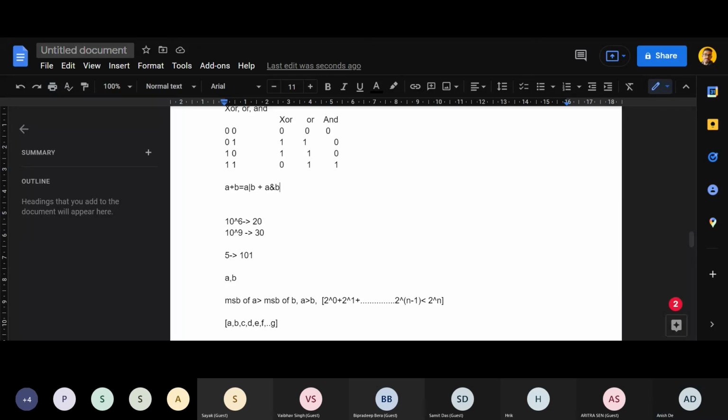So there is a relation with XOR also, I guess. If we take the relation of XOR, it is A XOR B plus 2 into A AND B. This is the relation using XOR and AND.